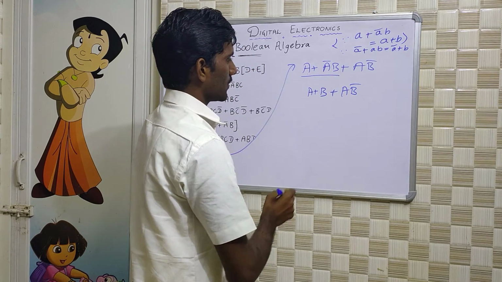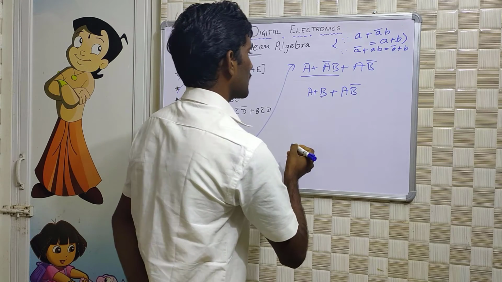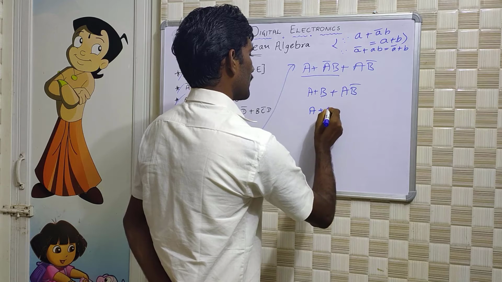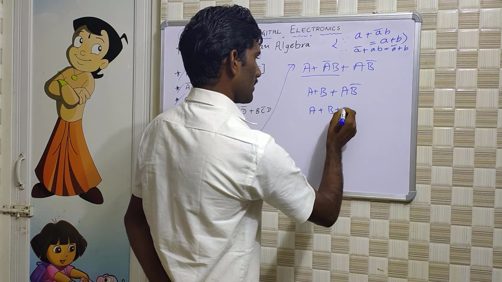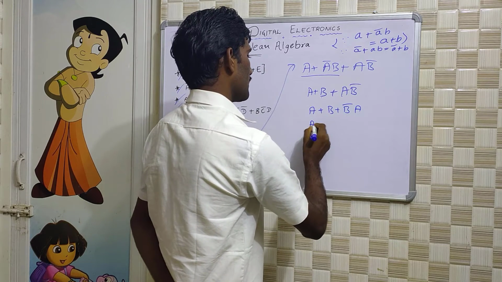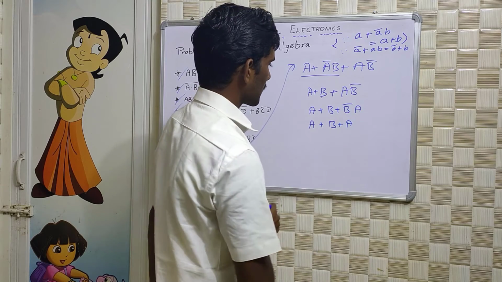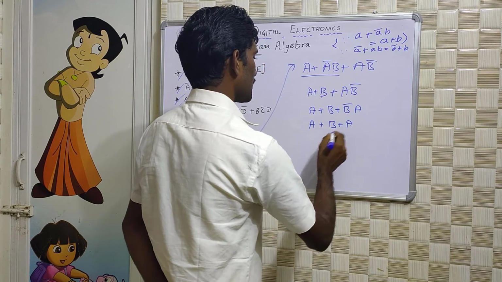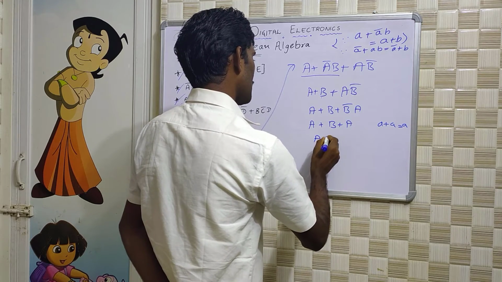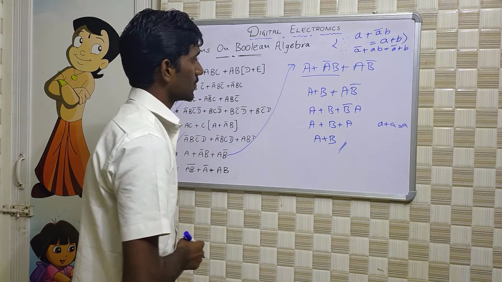So again A plus A bar B. So here B plus B bar A. So it will be A plus B. So again A, so A plus A is equal to A. So A plus B will be the answer for this question.